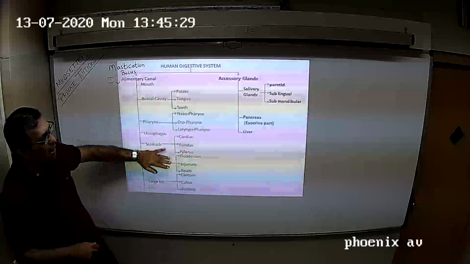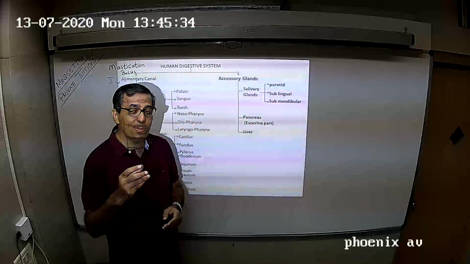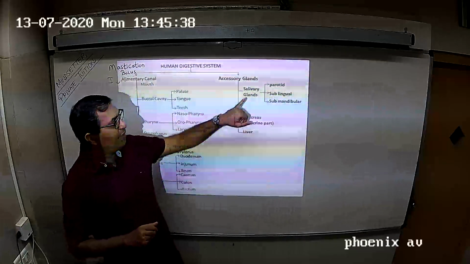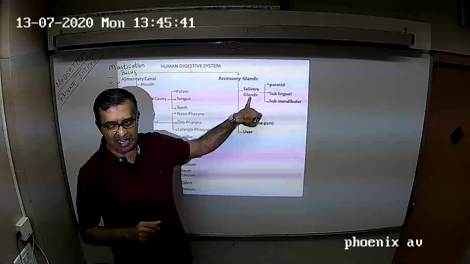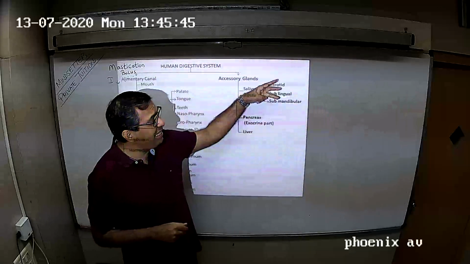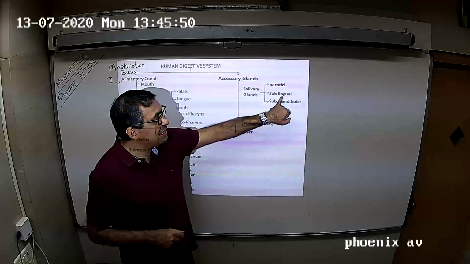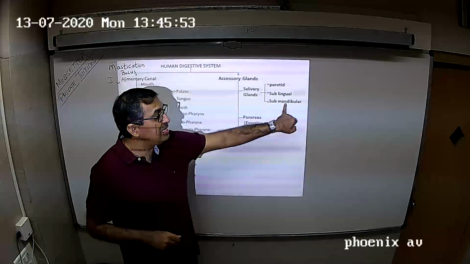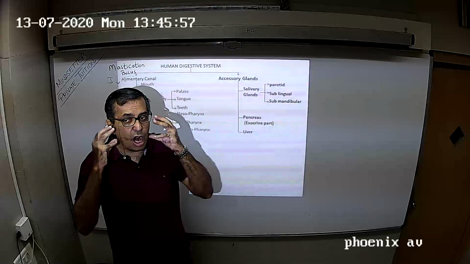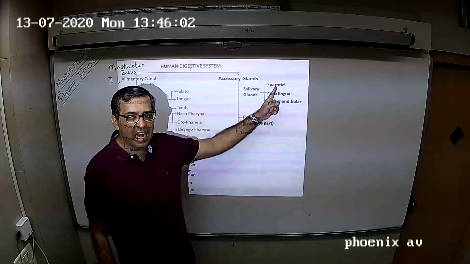And along with the alimentary canal, there are accessory glands, which produce enzymes that help in digestion of food. To start with, we have salivary glands. Salivary glands produce saliva. You have 3 pairs of salivary glands: parotid glands, sublingual glands and submandibular glands. Just in front of the ears are 2 large glands which are called parotid glands.